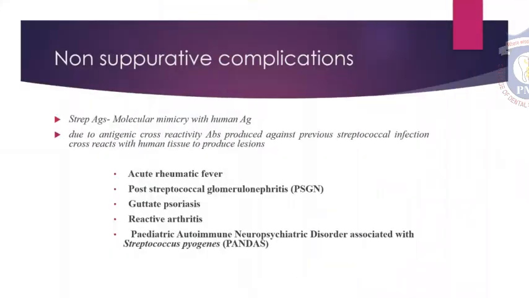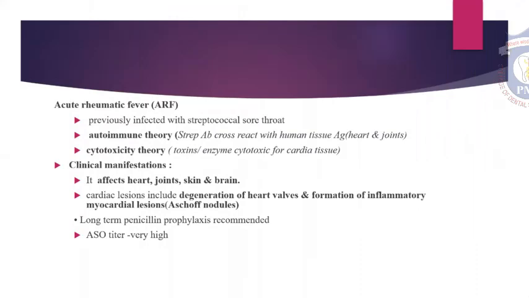Next are non-suppurative complications. These are mainly due to antigenic cross-reactivity. Streptococcal antigens have molecular mimicry with human antigens. The non-suppurative complications include acute rheumatic fever, post-streptococcal glomerulonephritis, guttate psoriasis, reactive arthritis, and PANDAS. In that, we discussed acute rheumatic fever.